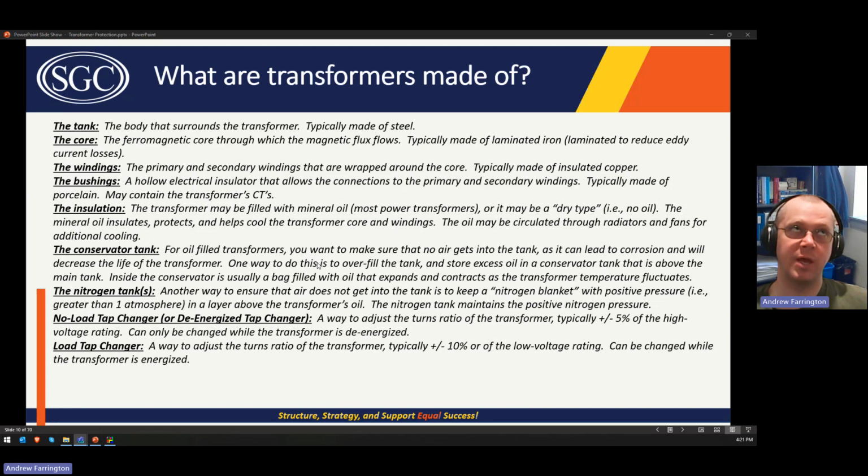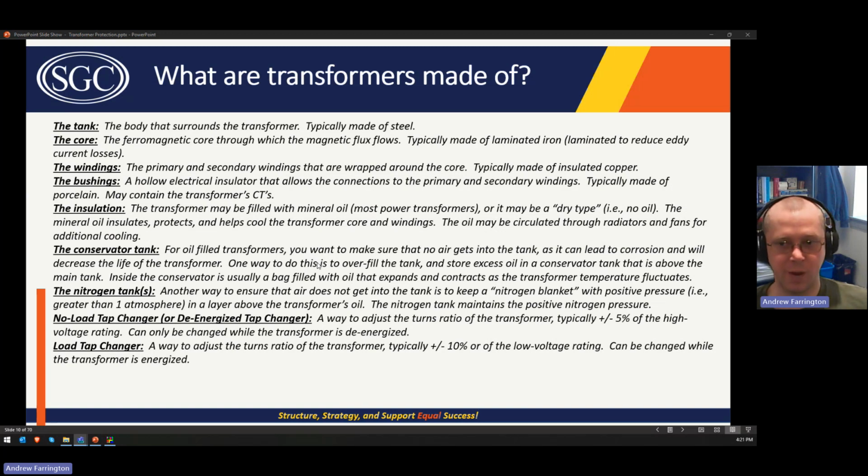But the problem with that is, as you have changes in the temperature of the transformer as load increases and decreases and the ambient temperature around the transformer changes, the oil can expand and contract. So you need to account for that. You can't just top it right off with oil and then let it go.